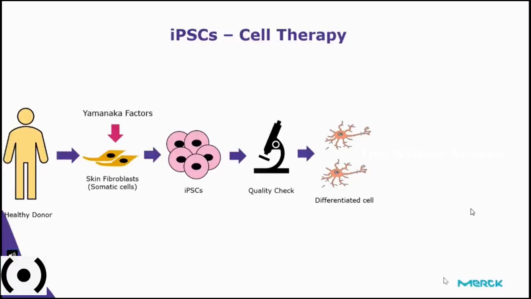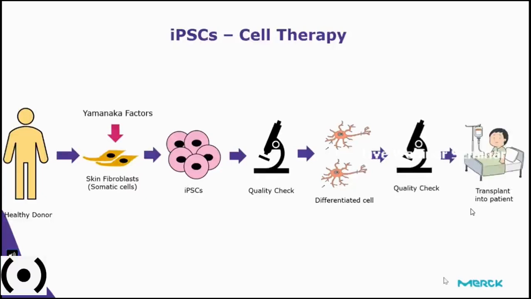Then you can again check the quality and transplant back into the patient. So here you are taking cells from another healthy person and injecting them into a different patient. This is known as allotransplantation, right? So everything can be done. This is how cell therapy works in the case of iPSCs.